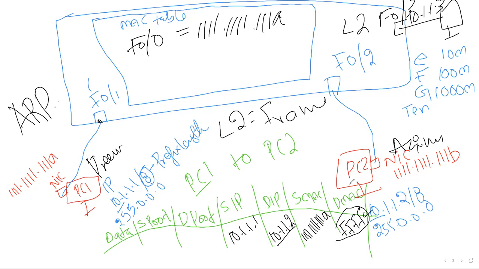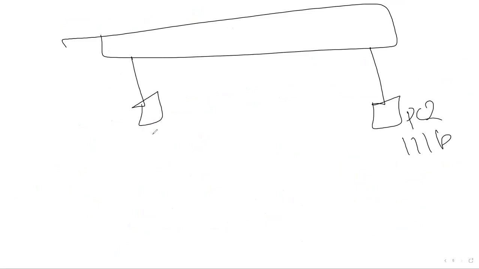So PC2 will generate a new frame. Let's say, what is the new frame from PC2? PC2 111B will send to PC1. It's return traffic.